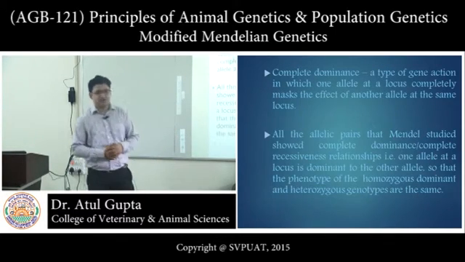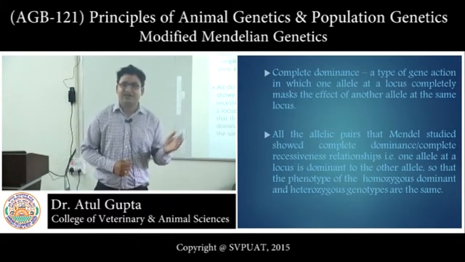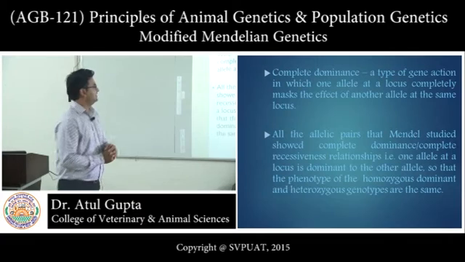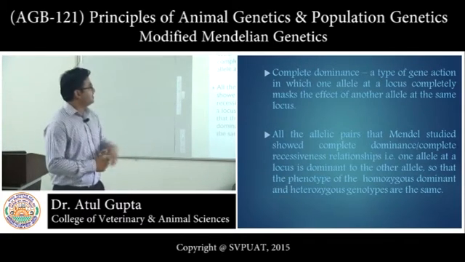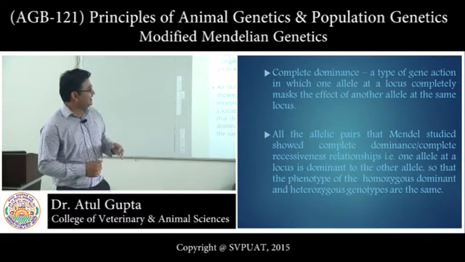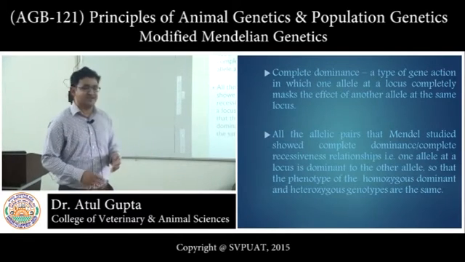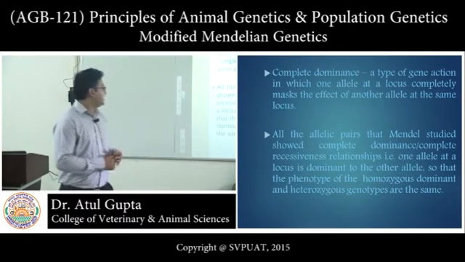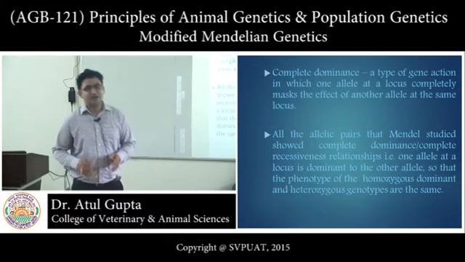First of all we will study complete dominance. As we have studied in Mendelian inheritance, what is dominance and what is recessiveness. Complete dominance is a type of gene action in which one allele at a locus completely masks the effect of another allele at the same locus. All the allelic pairs that Mendel studied showed complete dominance.